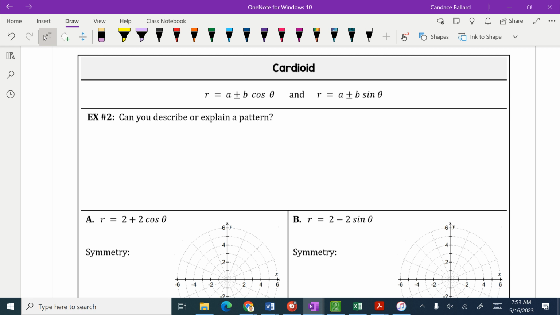It's called a cardioid, and it ends up being one of these two functions. Either r equals a plus b times cosine theta, or r equals a plus or minus b times sine theta. Depending upon the values of a and b, that gives us different pictures of graphs. So we're going to write down what those different pictures are, experiment in Desmos for a few minutes, and then work on plotting a little bit by hand.